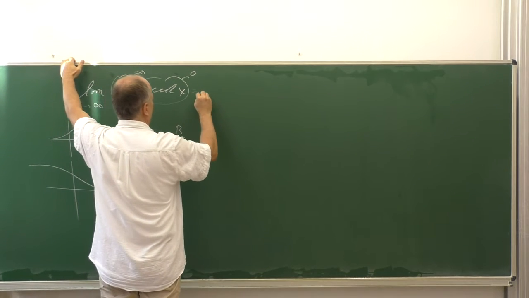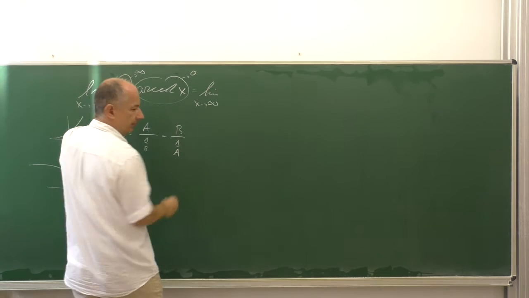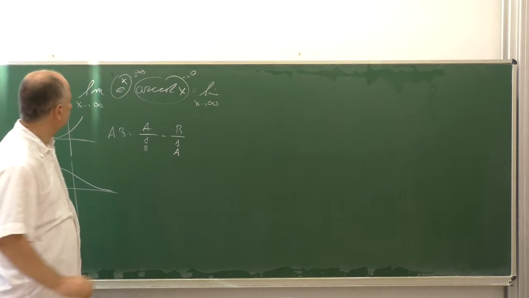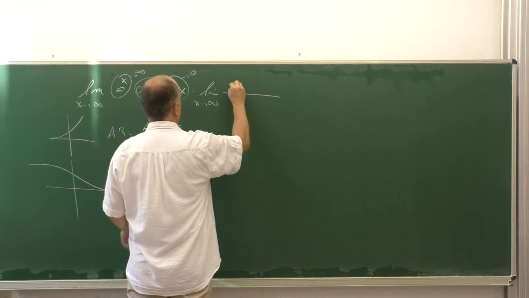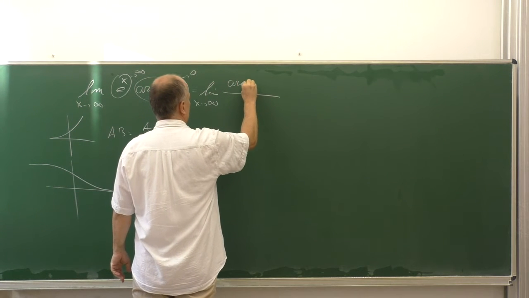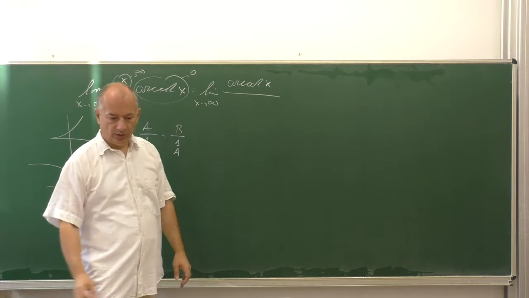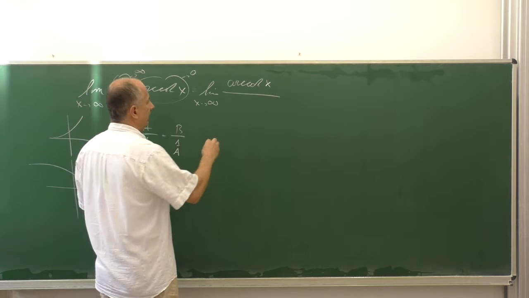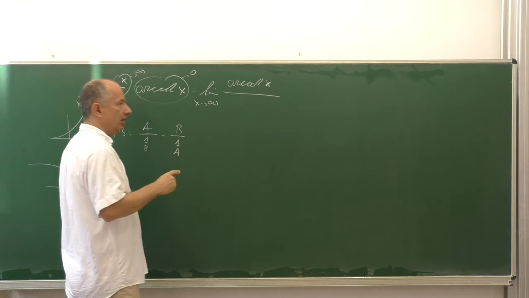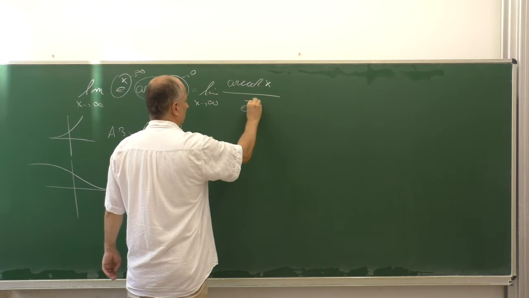So let's write it as the limit for x approaching infinity. If we write arc cotangent of x in the numerator and divide by e to x, dividing by 1 over e to x means dividing by e to minus x.